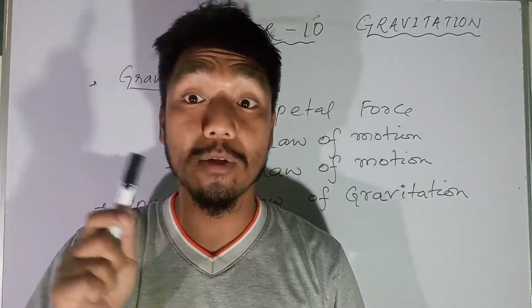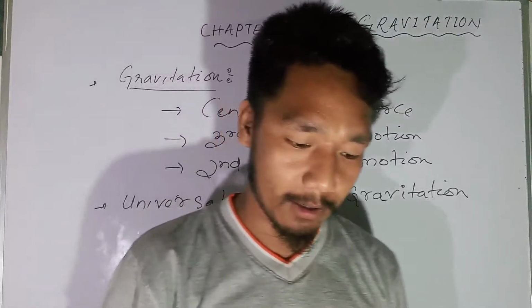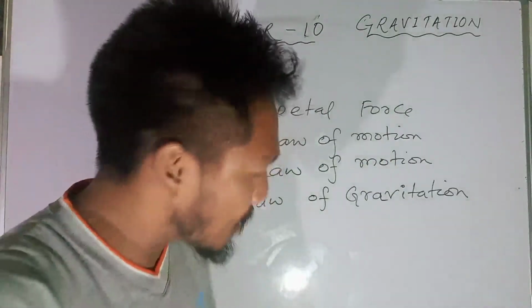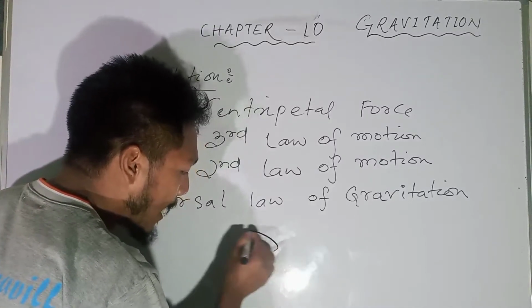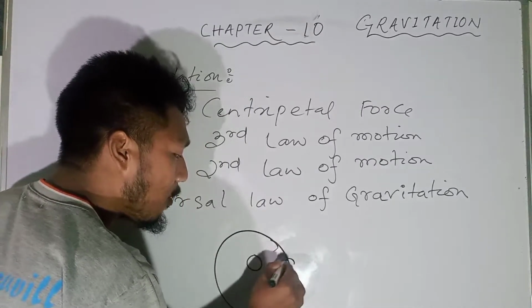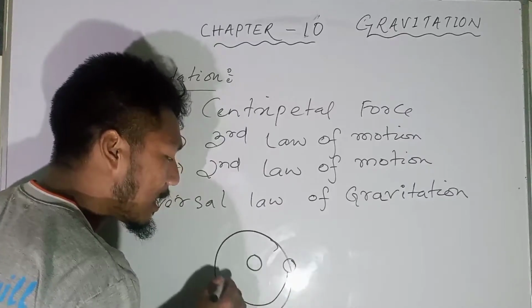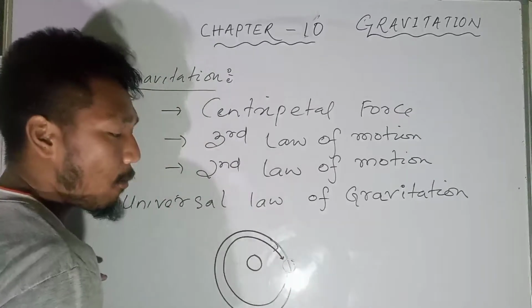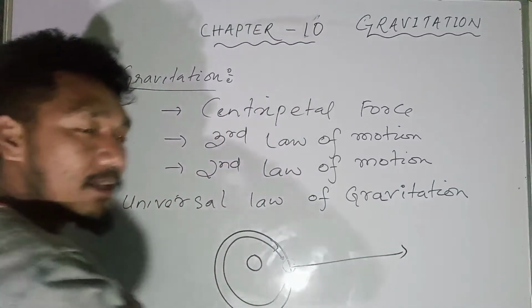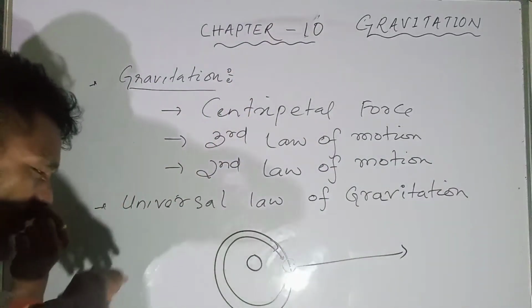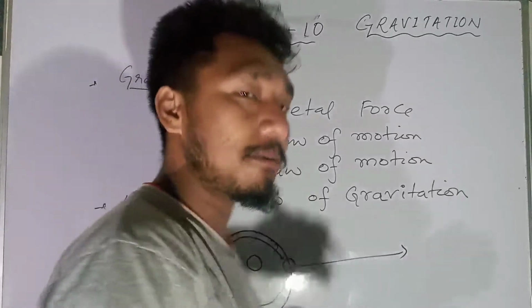Similarly, the moon is also revolving around the earth. There is a question: why does the earth only revolve around the sun? Why does the moon only revolve around the earth? Why does the earth not go far away? Why does it not travel in a straight line? Why do they keep on always traveling on a circular path?